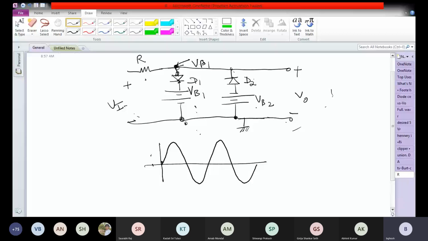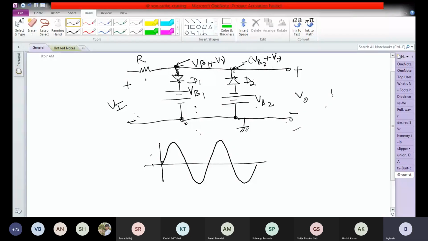Here it is VB1 plus V gamma due to this branch, and here, due to this, the transition voltage is minus VB2 plus V gamma.